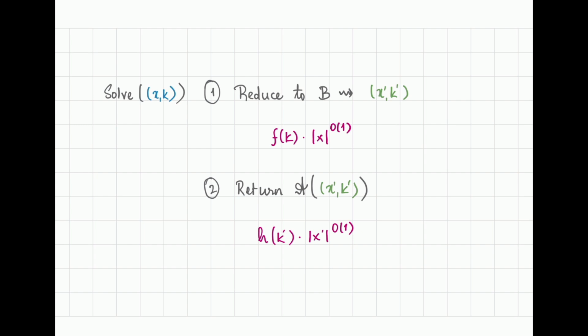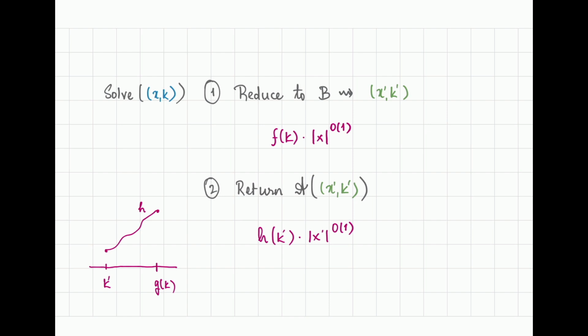Now this is where we can leverage the last property that we introduced of parameterized reductions, which was parameter preservation. Remember that this is what relates k' and k. We know in particular that k' is bounded by some computable and non-decreasing function only of k, and we call this g(k).